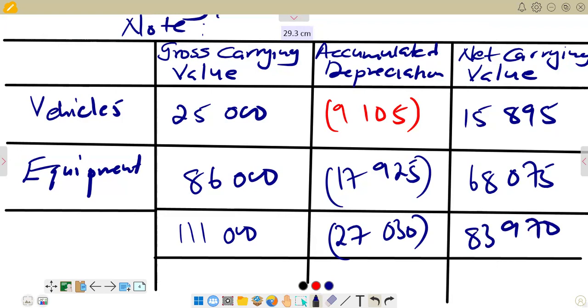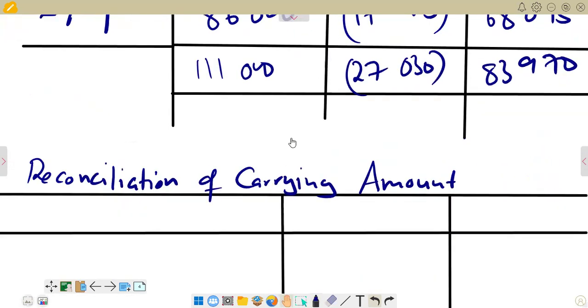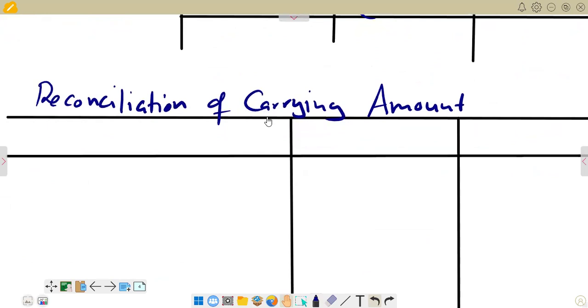So we can go to the second part of the question, which is the reconciliation of carrying amount, whereby here we have our vehicles and here we have our equipment.